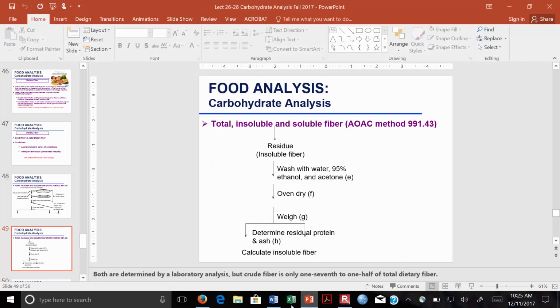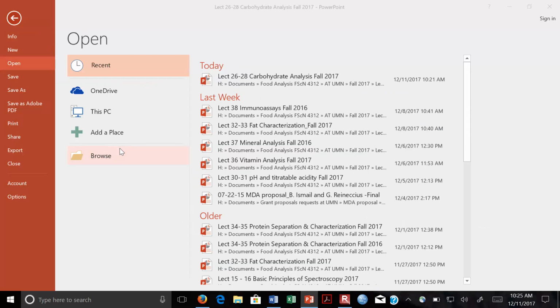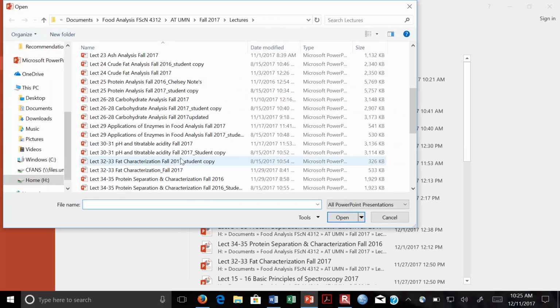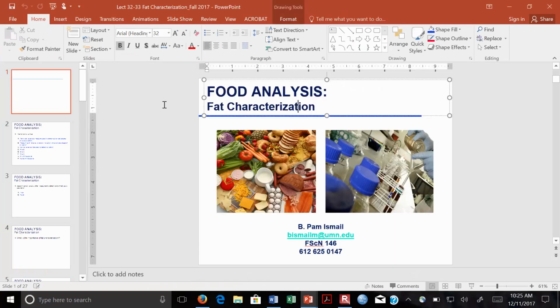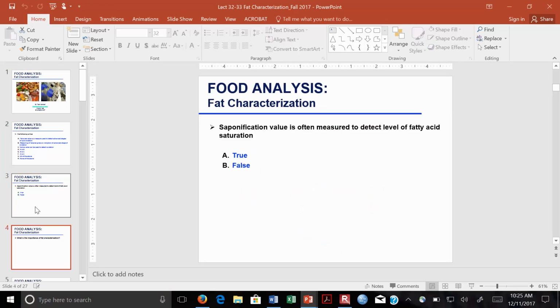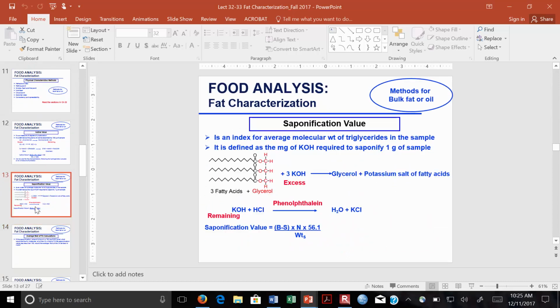Okay. It's what? Oh. Duh. It's glycerol.